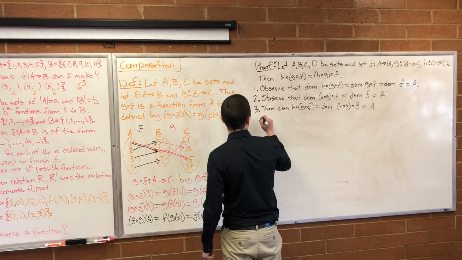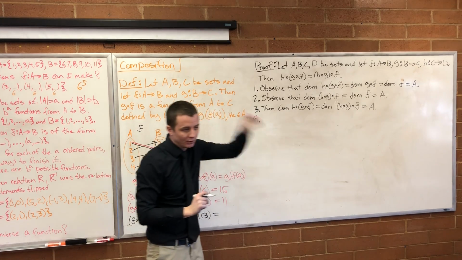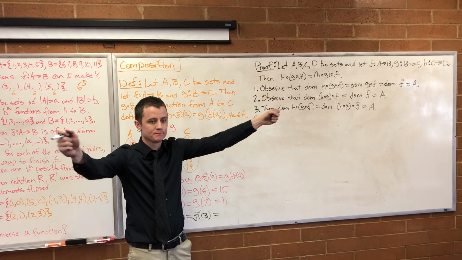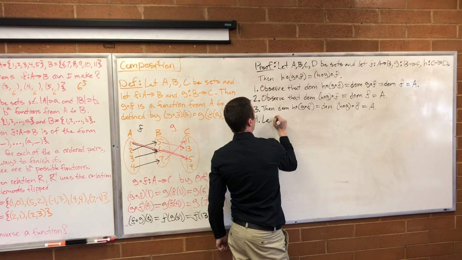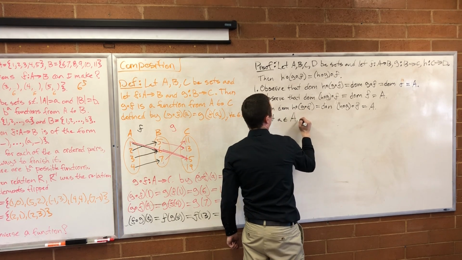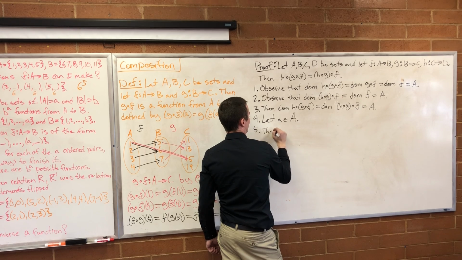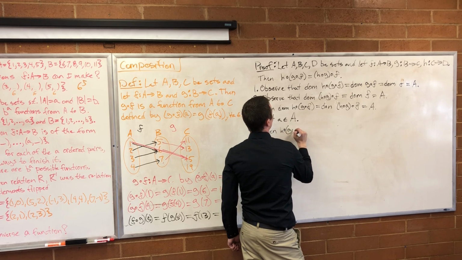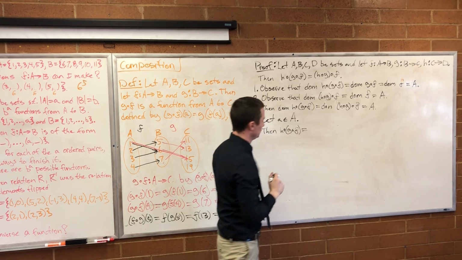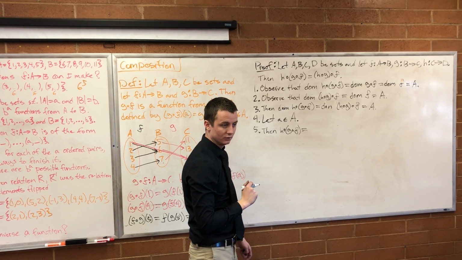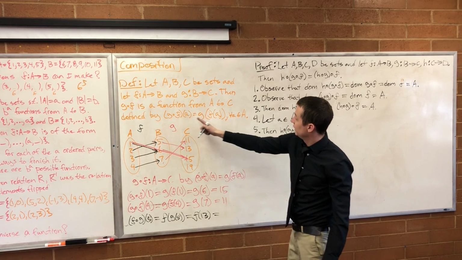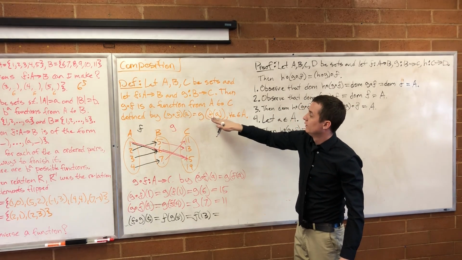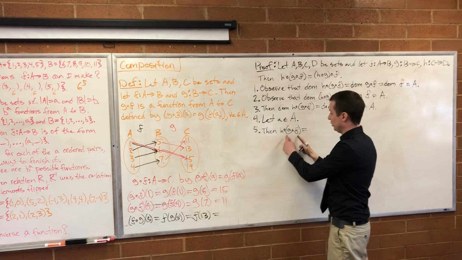Now we need to show that they map the same way. So I need to grab something random out of their domain and show that both functions map it the same way. Let a be anything in A. Then h composed with g composed with f of a is equal to what? Using our definition, g composed with f of a is equal to g of f of a, our right-hand function of our variable.